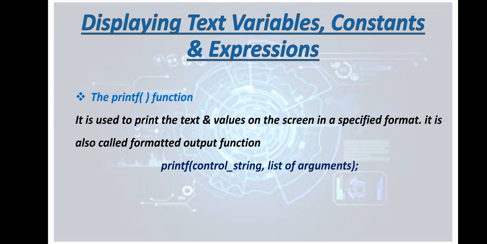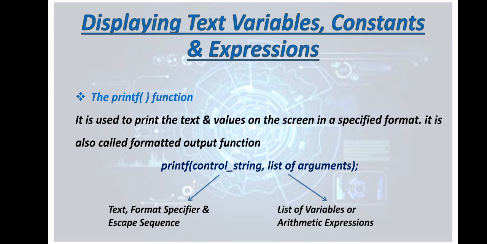That is printf, bracket, control underscore string, comma, list of arguments, and then semicolon. Then what is control string? Control string actually consists of text, format specifier and escape sequence. And what is the list of arguments? List of arguments is actually the list of variables or arithmetic expressions.